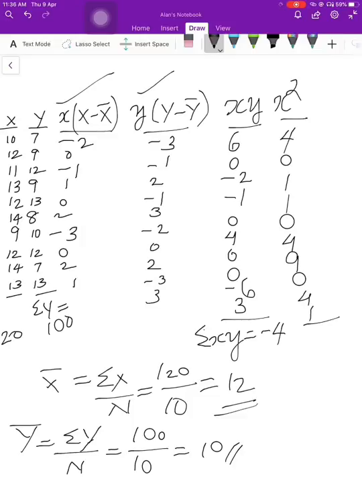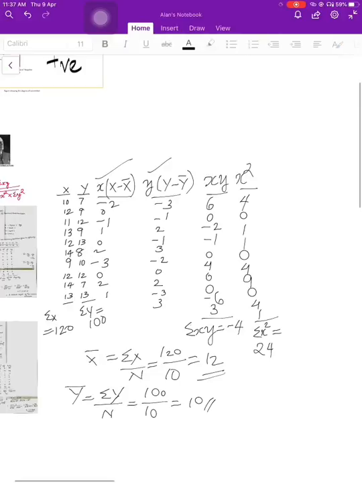So the summation of sigma x square will be 24, right? So this is x square. Now we will see the value of y square.